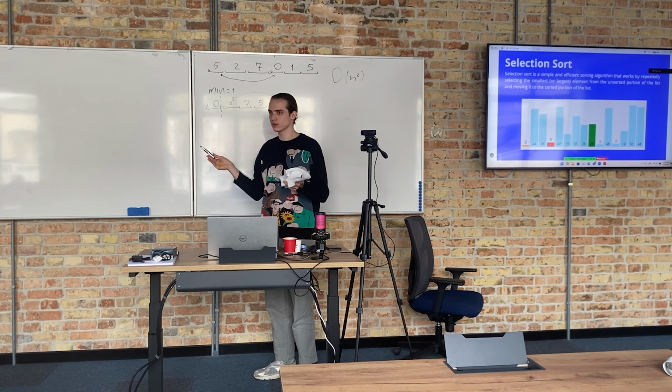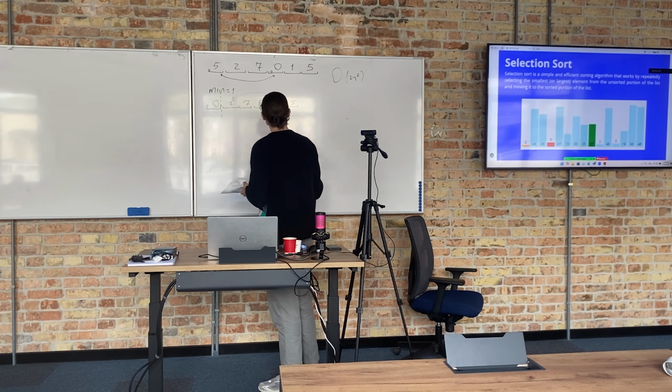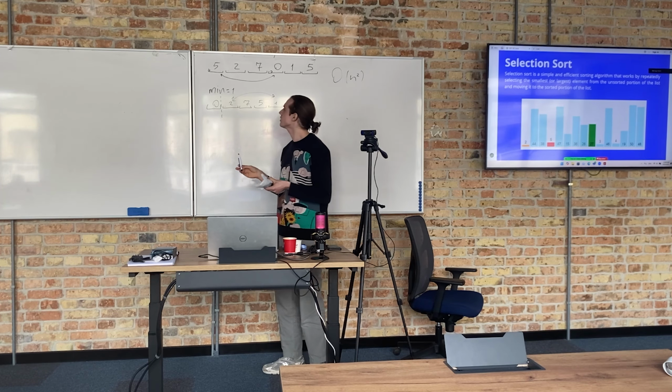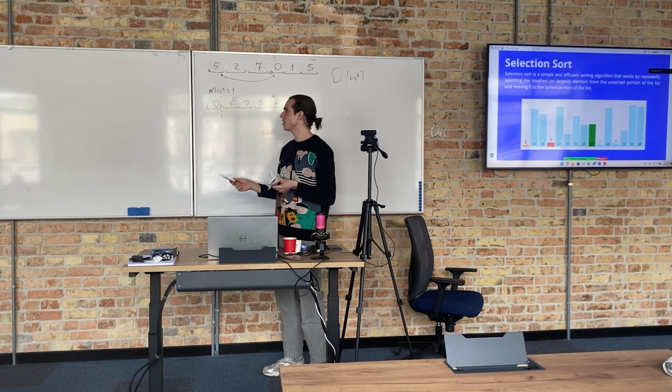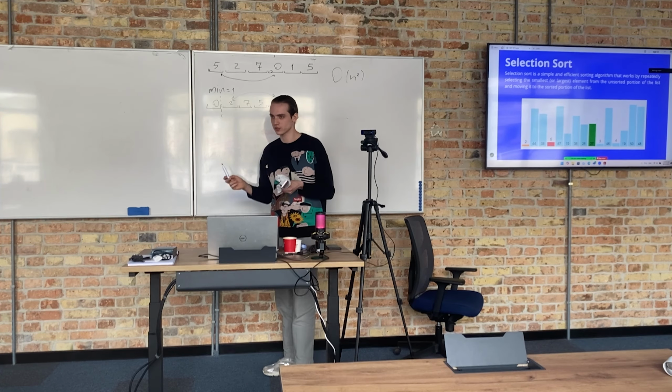Makes sense or not? Okay, but you remember you said that for bubble sort, the best scenario is O n. But what is the best scenario for selection sort?